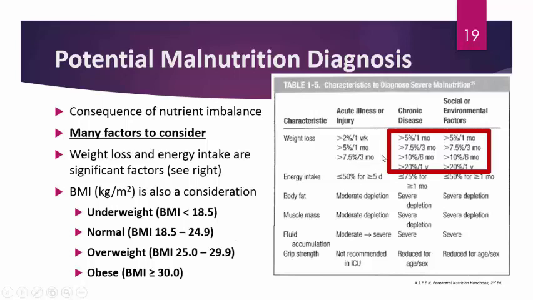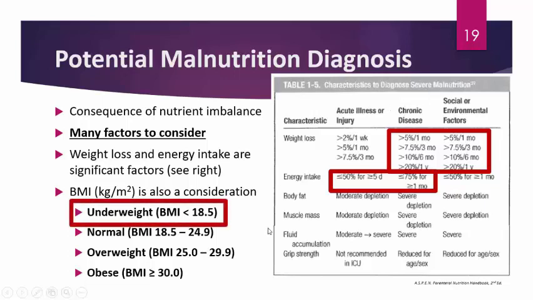If you see here, a history of weight loss over a certain period of time, or decreased energy intake over a certain period of time, can predispose you to develop severe malnutrition. In addition, BMI may also be a consideration, but again, a BMI is only as good as the other information that you have with it to determine if your patient is malnourished or not. So there's not necessarily one factor that can determine a malnutrition status. It's many, many different factors.